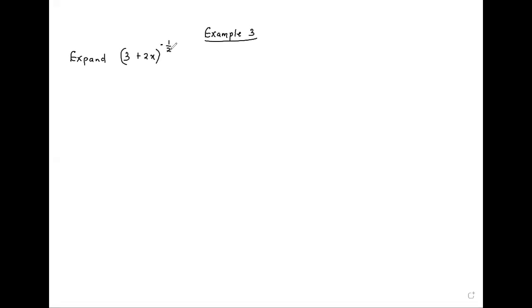So we have this to the power -half, expand up to and including the term in x³.